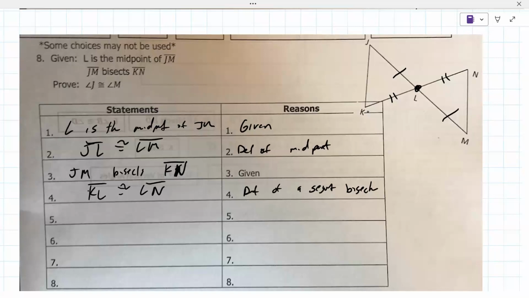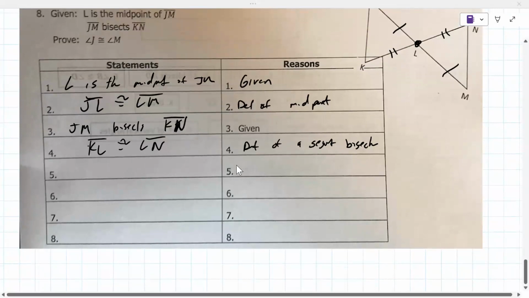The angle next to L. Usually you just say the two angles are congruent, vertical angles are congruent. I don't know if your teacher wants it in two steps. I kind of think they do. You might have to refer to your notes about that. But the net result is that the angles are congruent.